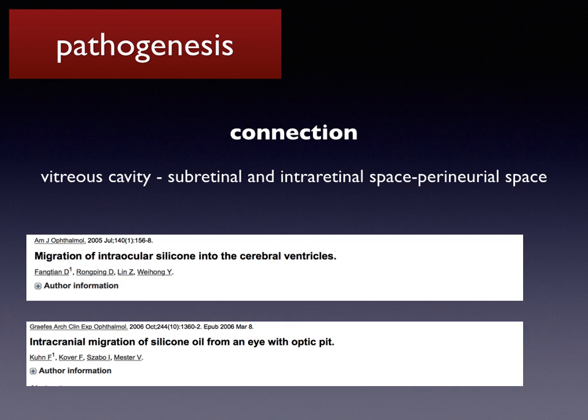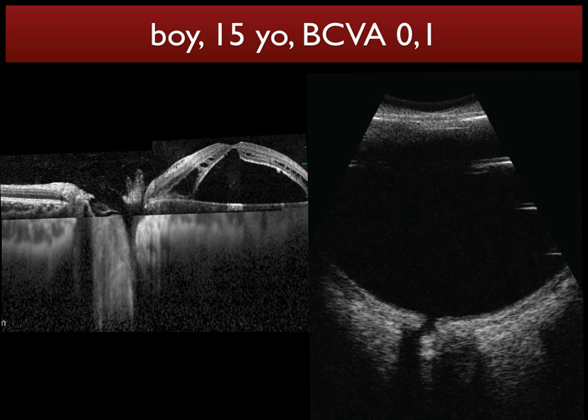And basically it tells us that there is a passage of fluid from one cavity to the other, and that can explain the advent of subretinal fluid and intraretinal fluid through the connection into the optic nerve itself, as you can see here.